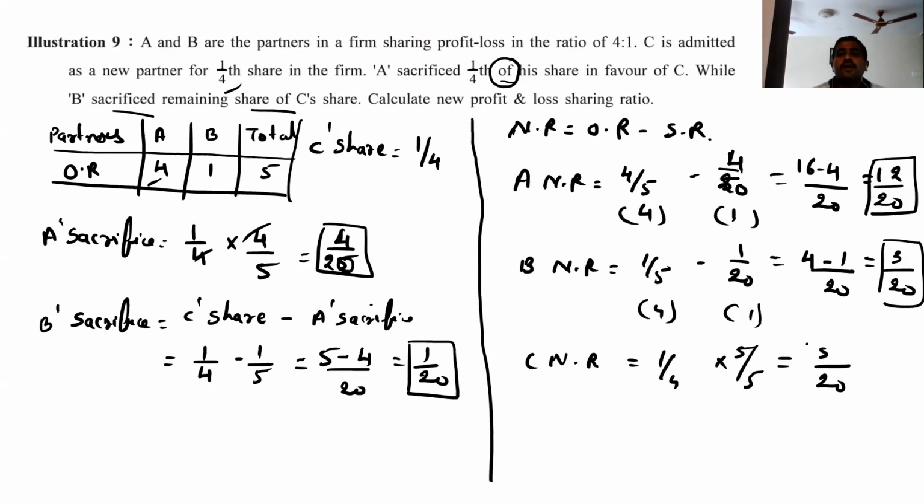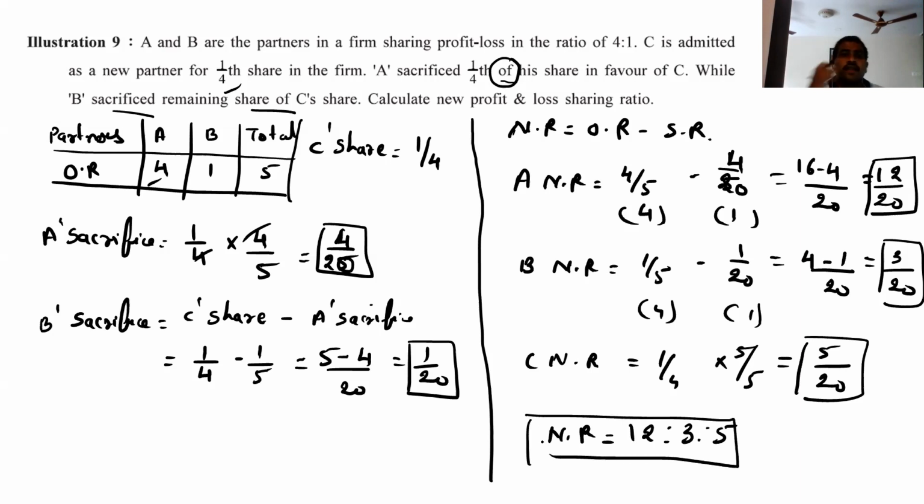So it comes 5/20. So our new ratio is 12:3:5. That is our final answer. 12:3:5. Okay. Are you seeing the textbook? 12:3:5. Just I want to check.